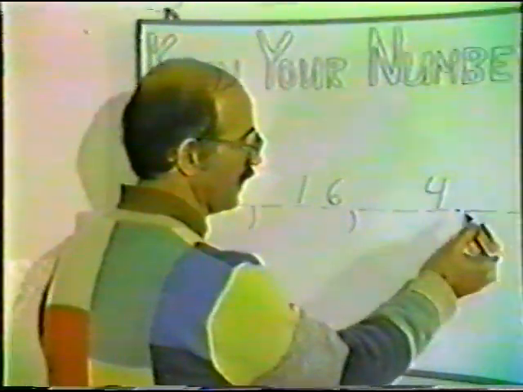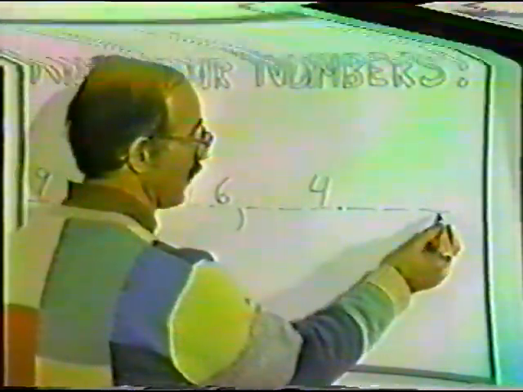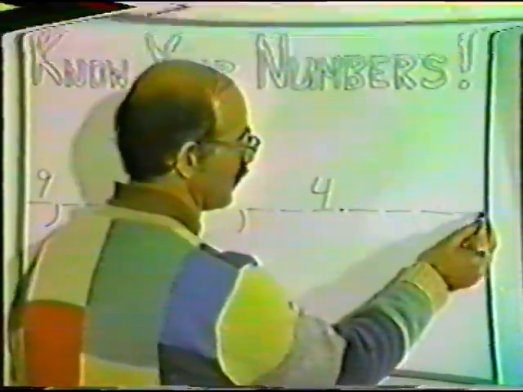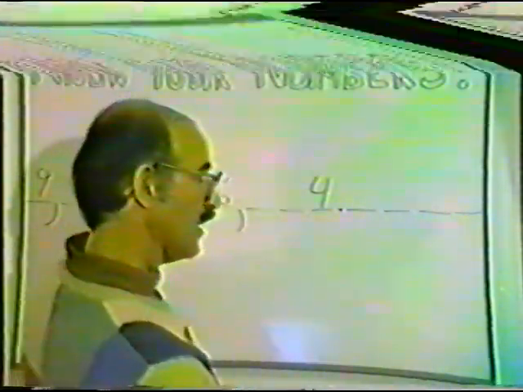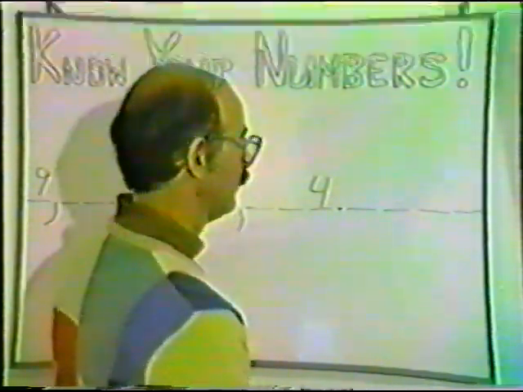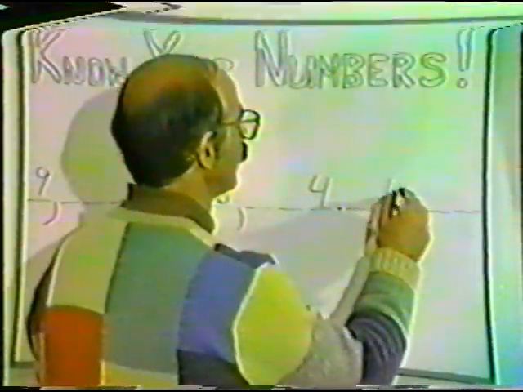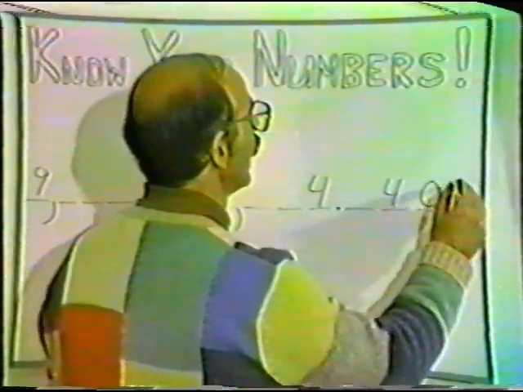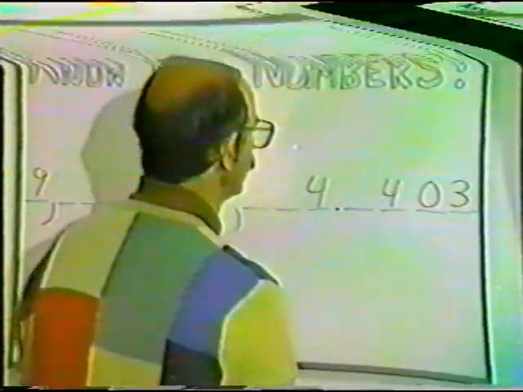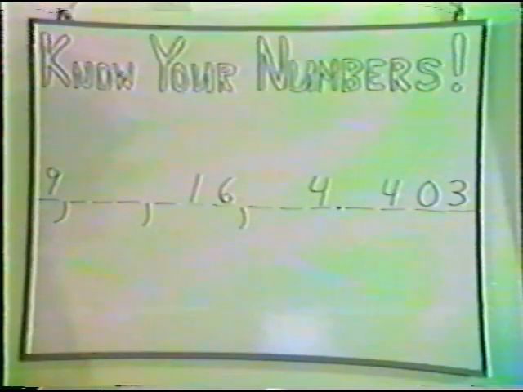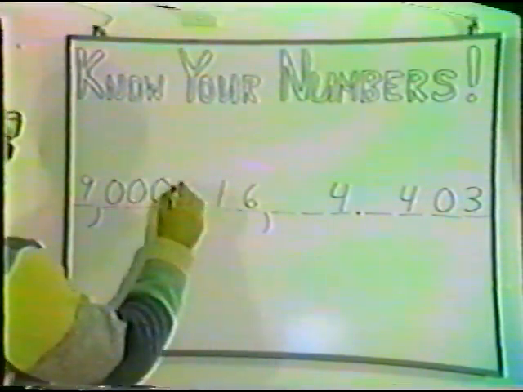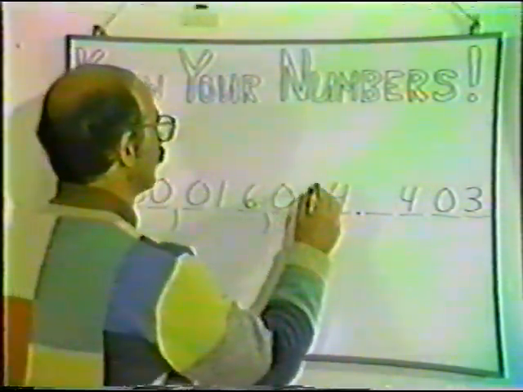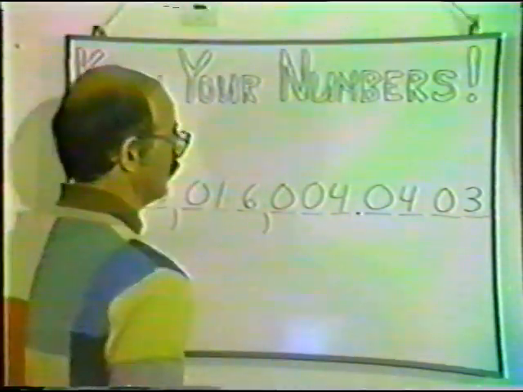Well, we have tenths, hundredths, thousandths, and just enough room for 10,000ths. And the number is 403/10,000. 403, ending in the 10,000th place. And now we have to fill all the empty places with 0. 0, 0, 0, 0, 0, 0, 0.